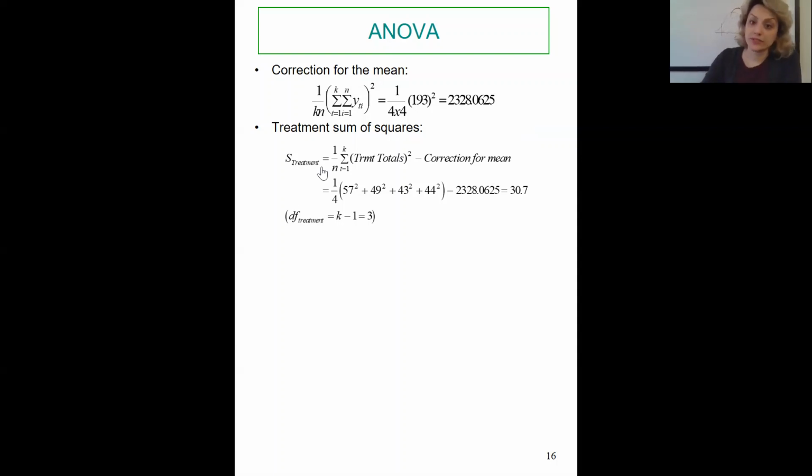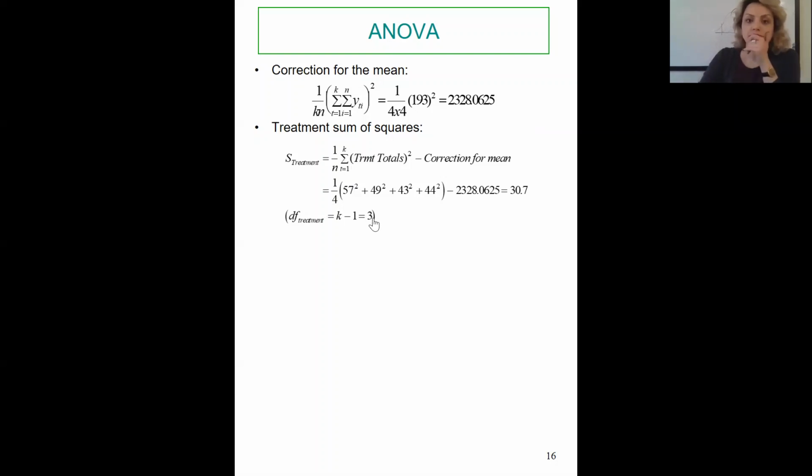So for the sum of squares of the treatment, we would say 1 over N, and then the treatment total, whatever you have for that specific treatment, to the power 2, and then you add each of them, minus the correction of mean. Like for example, t equals 1 to K. So we have 4 treatments: the first one plus the second one, the third one and the fourth one.